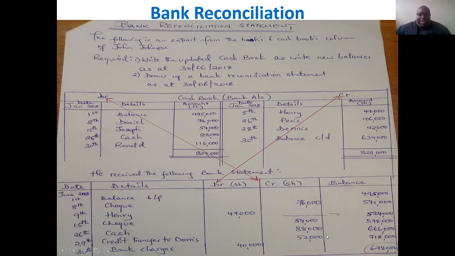This has not been reflected in the cash book, bank column, or bank account, together with the bank charges, 40,000. We have the balances fluctuating, and the final balance here is 678,000.